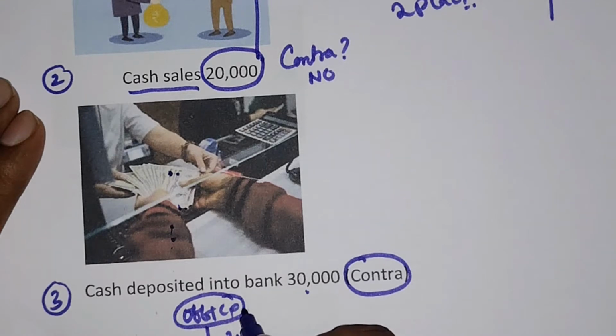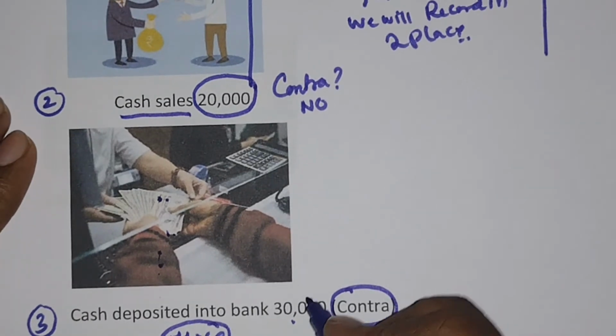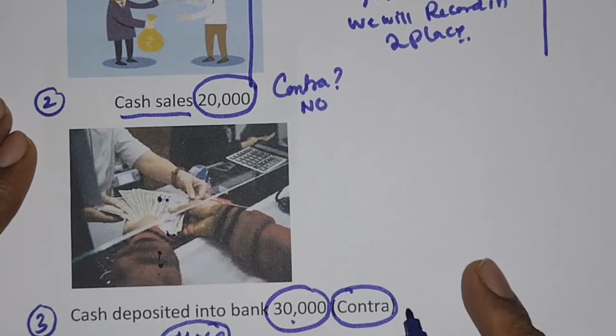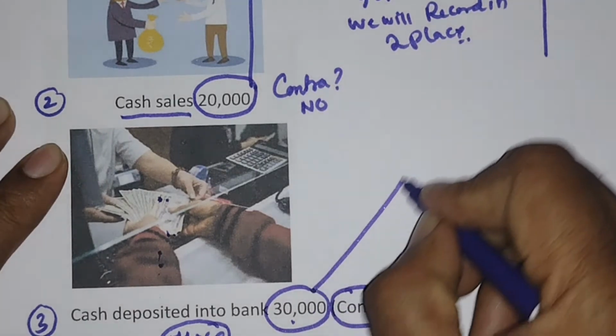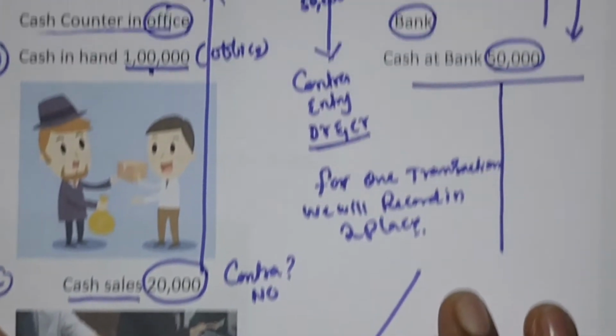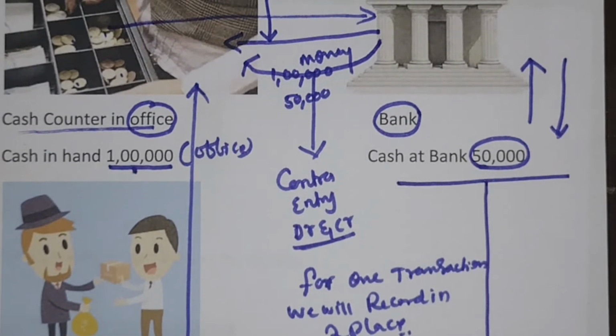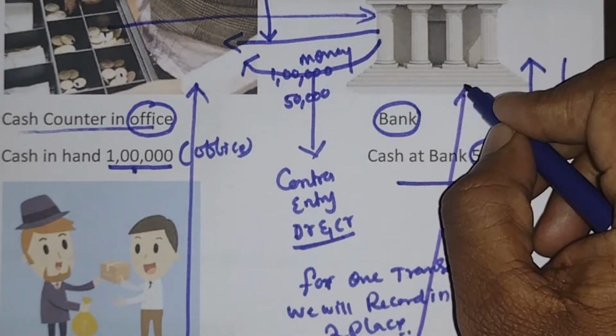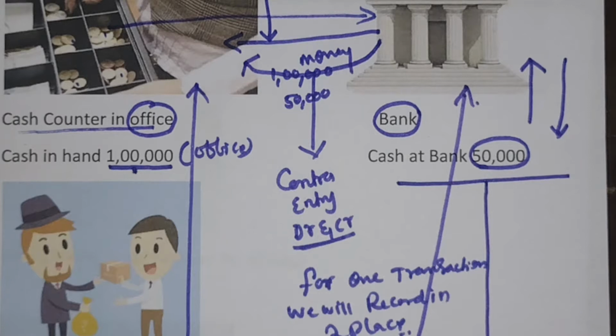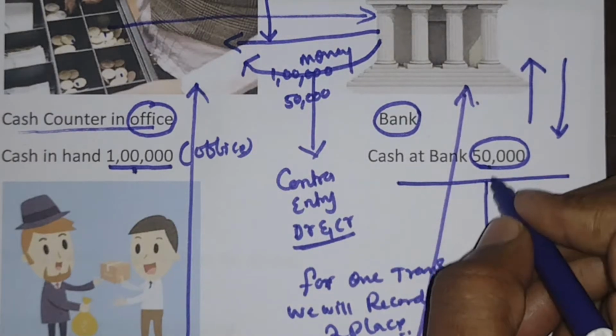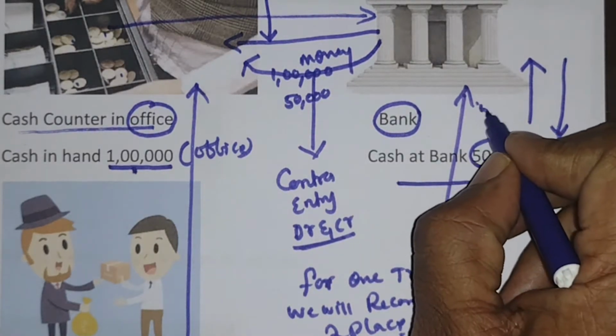Therefore, in the office the cash reduces, and the same 30,000 will go to the bank. Already I have 50,000 rupees in the bank.